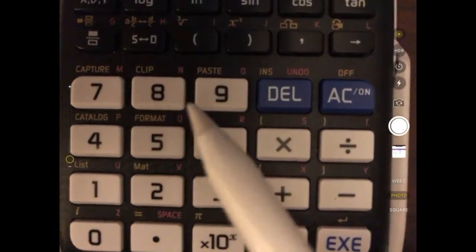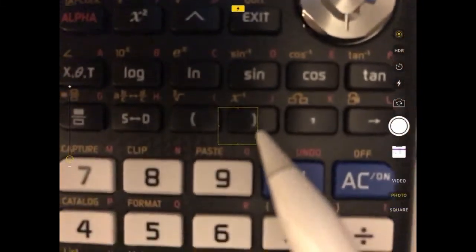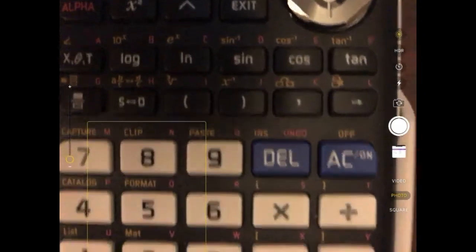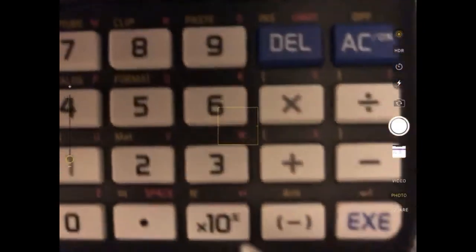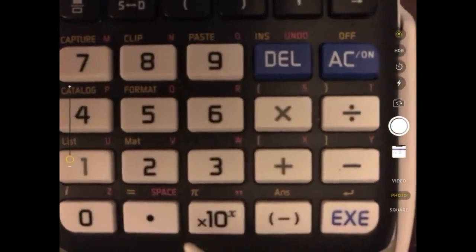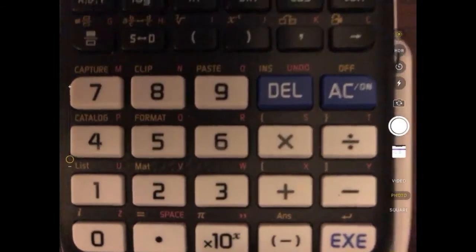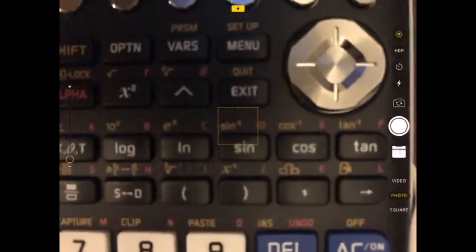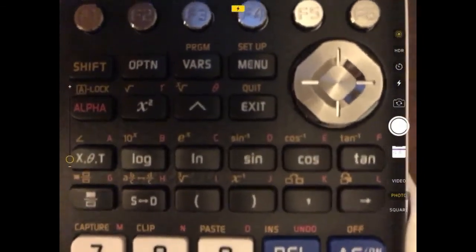I'm maybe thinking of the baby Casio, where this is just an E. I might be looking for the alpha. I'm going to try the alpha E. Let's see if the alpha E works.